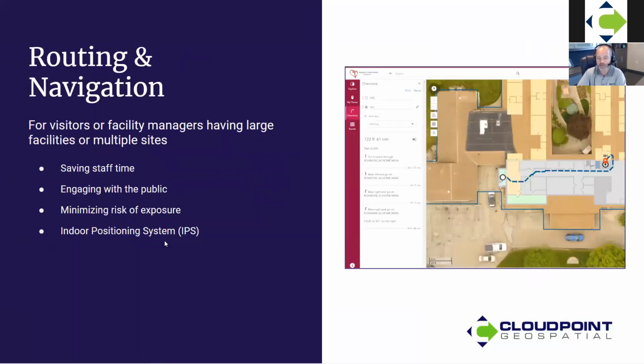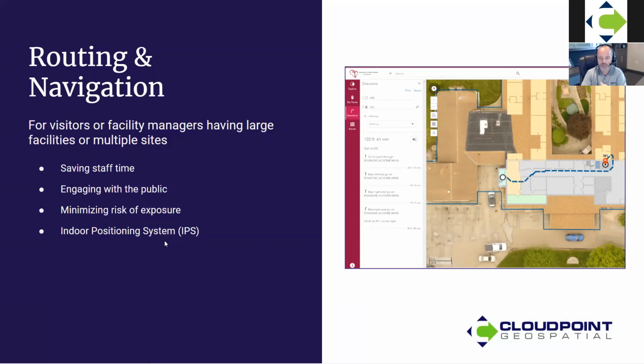Routing and navigation. This is a really important part of indoor spaces, being able to route and navigate to people, places, things throughout your facilities. If you want to have a user-friendly work order system, the work order comes up, the user's on his mobile device, and he or she clicks on that, gives directions, and it takes them right to that particular asset or unit that they're interested in doing repairs on. Can save time.